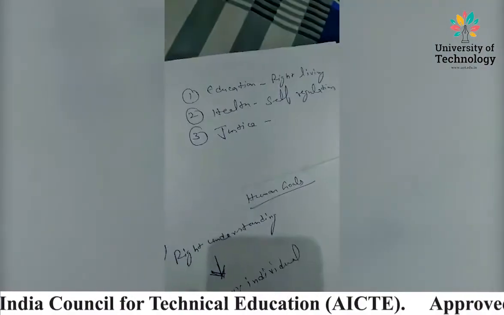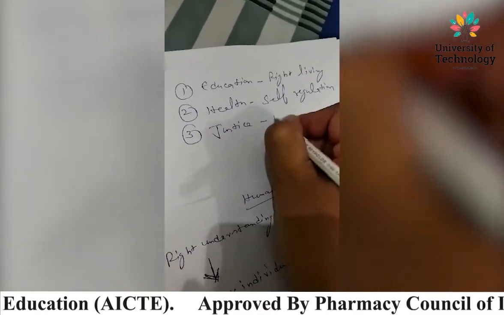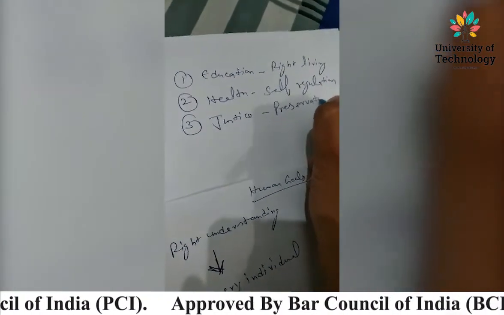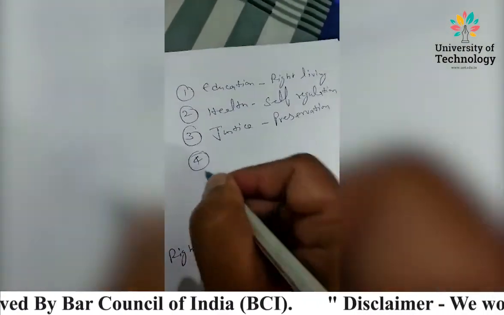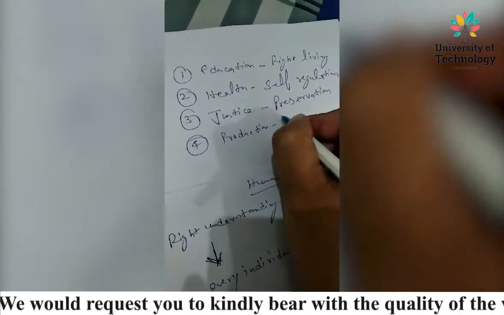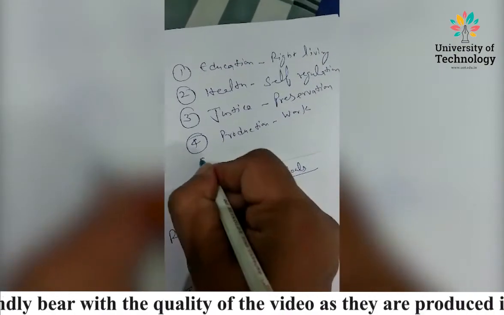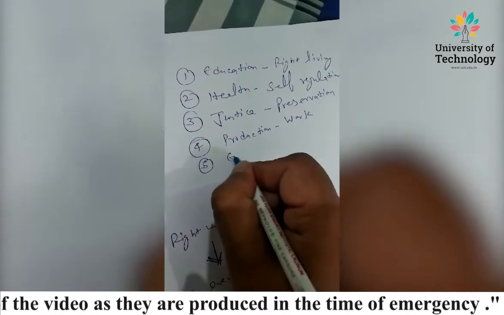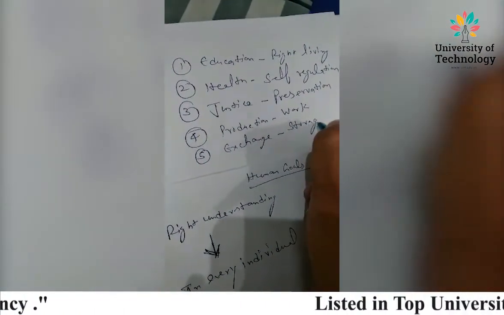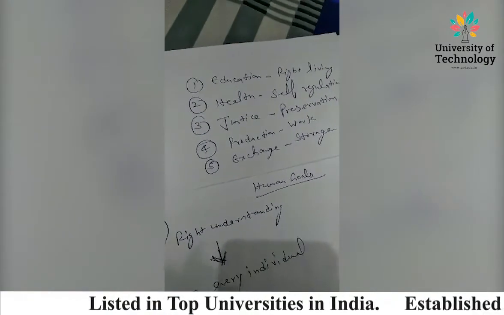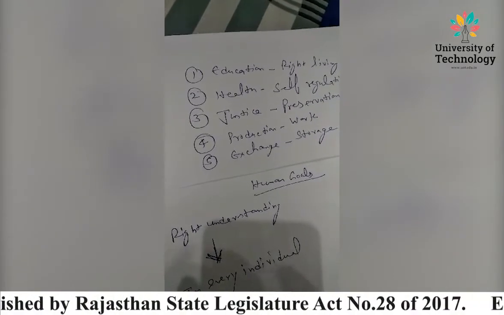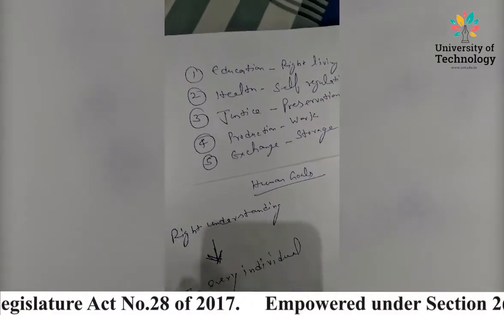It means preservation. Fourth, production. It means work. Fifth, exchange. It means storage. So these five dimensions broadly cover all the activities that are necessary and fundamental to the harmonious existence of human society and to achieve human goal.